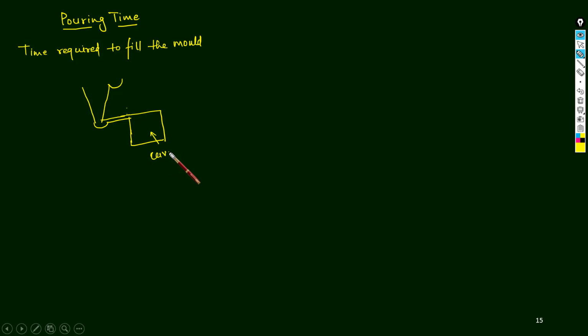This is the mold cavity, and at the top of this mold cavity we have riser also. We can just write it riser. Here we have a sprue, runner, and this opening is known as gate.